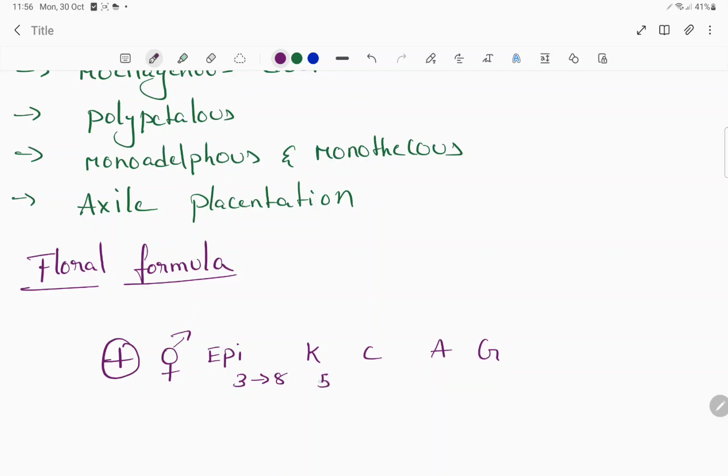Calyx is 5 and gamosepalous, which means all are fused. Corolla is 5 and androecium is infinity.